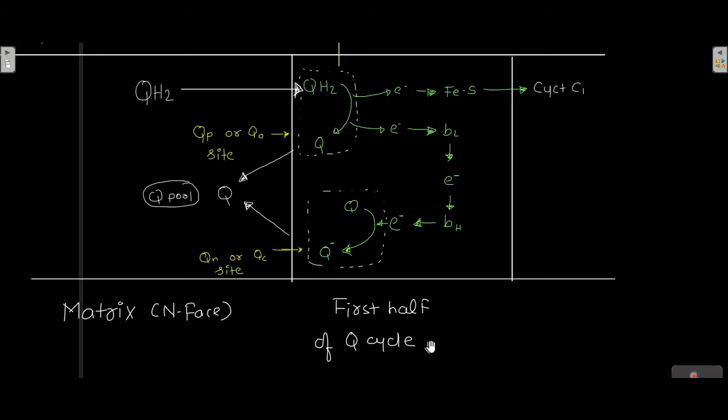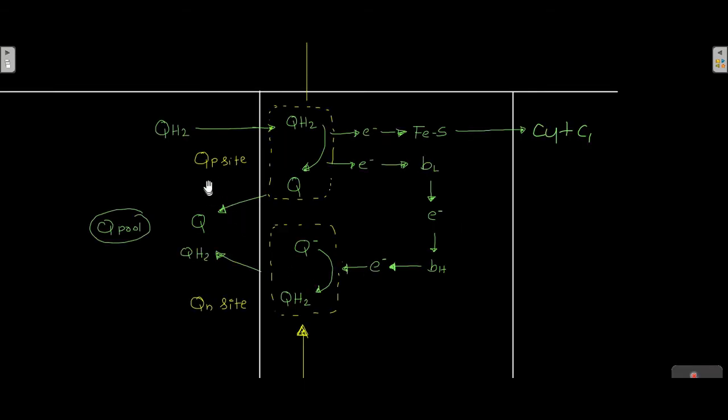Now in the second half of the cycle, a second QH2 gives up its electrons. It gives one electron to cytochrome c1, and the other electron is taken up by this Q minus, which then gets converted into QH2.